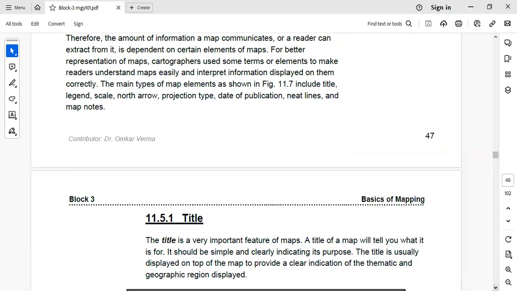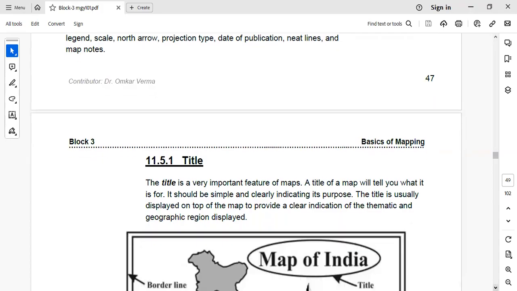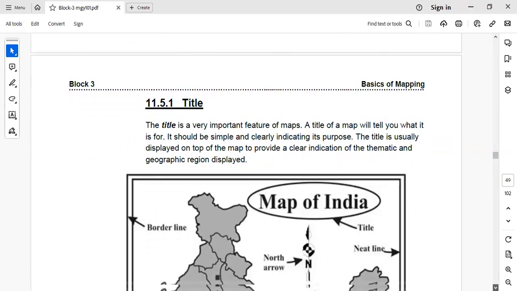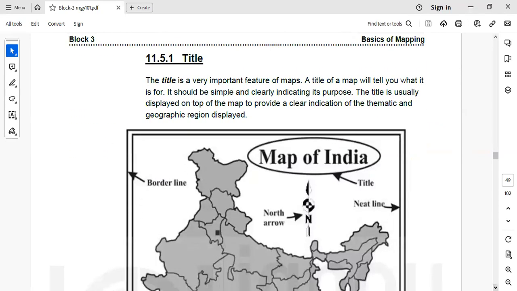Let us study the various map elements. The number one map element is the title. The title is a very important feature of a map, and the title of a map will tell us what it is for. For example, in this case, the title is Map of India. So it shows that this is a map of India.